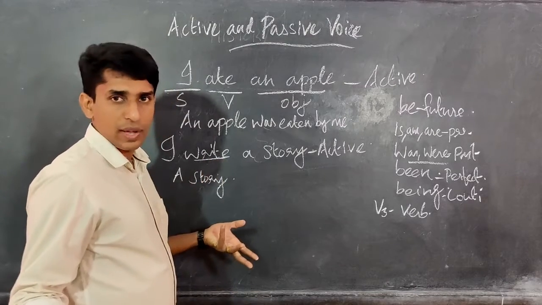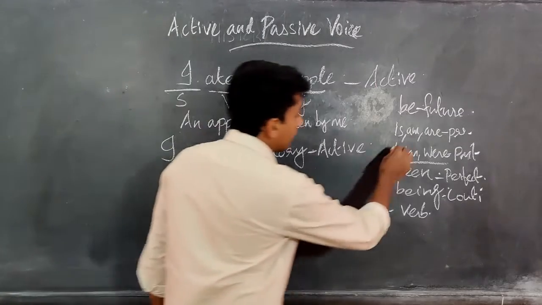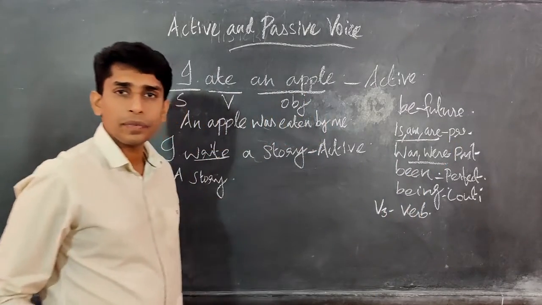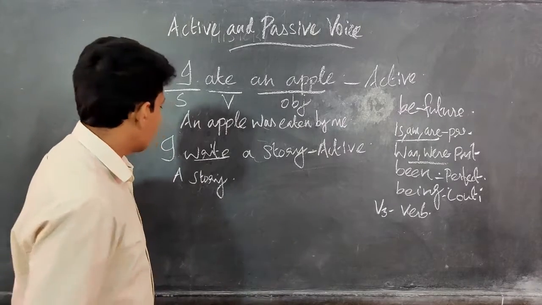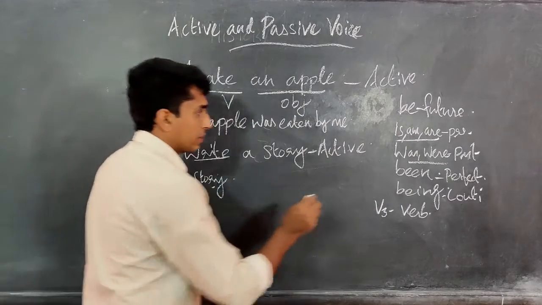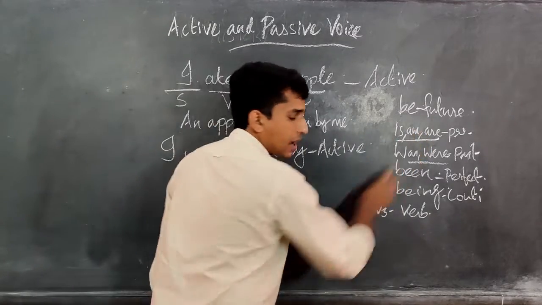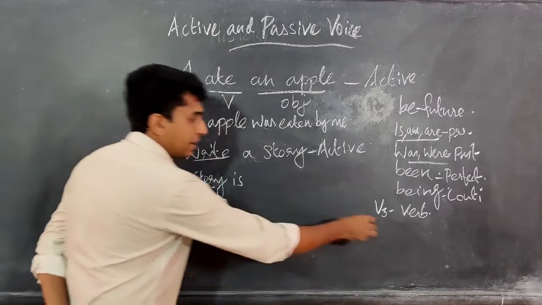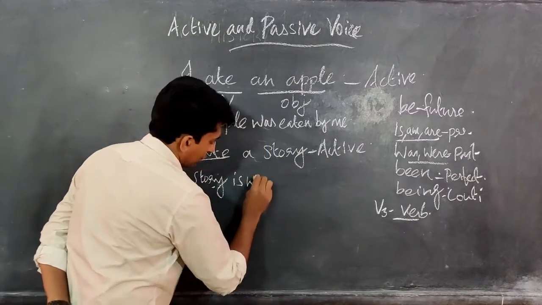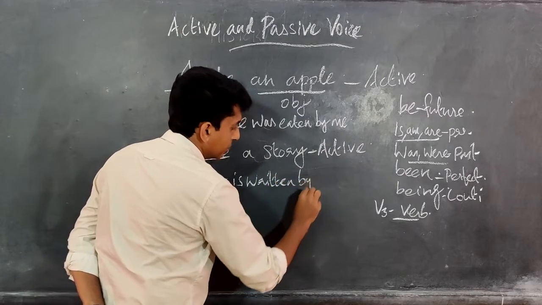So what will you write? Is, am, are are the present forms of be. A story is singular. Is is correct. Am will come only with I. Are will be with plural. A story is. Then the verb should be in V3 form. A story is written by me.